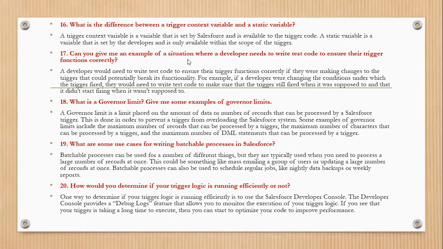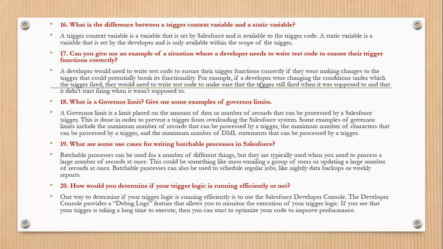Next question: can you give me an example of a situation where developers need to write test code to ensure that triggers function correctly? A developer would need to write test code to ensure the triggers function correctly if they are making changes to the triggers that could potentially break its functionality.